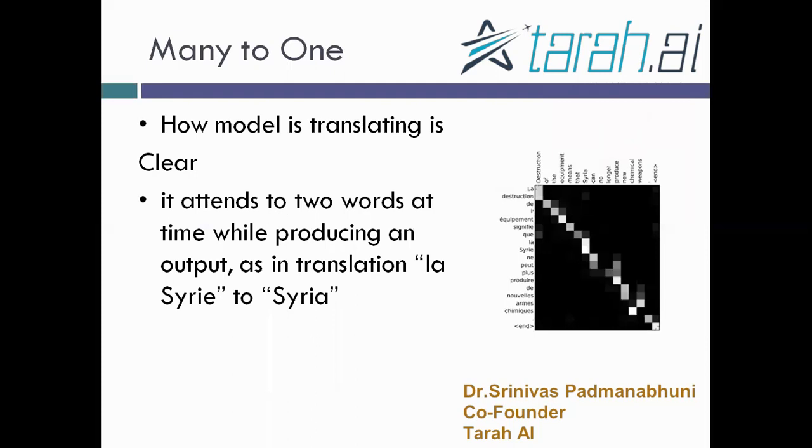So here, for example, if you see the translation from, let's say, the French to the target English, you can easily see that the output, say you look at the word destruction, it is looking at two different words in the original sentence, la destruction. Similarly, if you say Syria, it is looking at la Syrie.